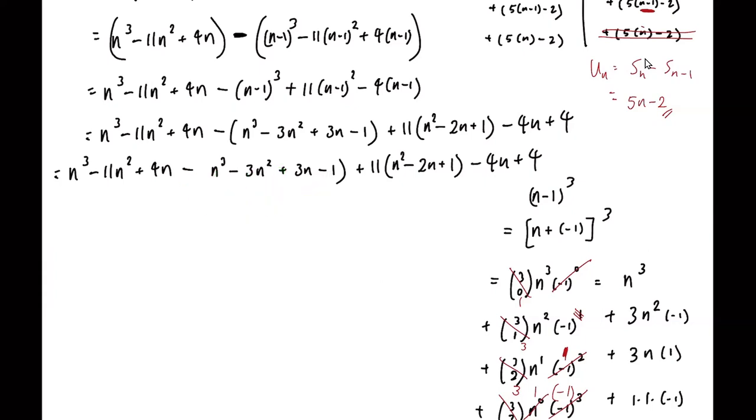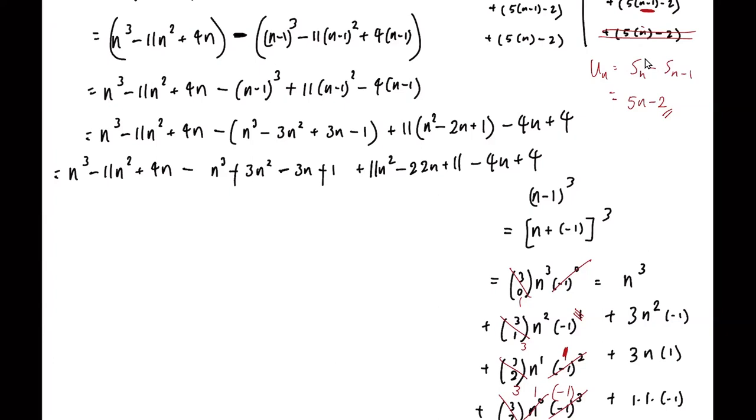So I will get minus n cubed plus 3n squared minus 3n plus 1. Remove the bracket. Then 11, I also can multiply in. I will end up with 11n squared. Luckily, it's a positive, so I don't have to stress so much about the plus minus sign. 11n squared minus 22n plus 11 minus 4n plus 4.